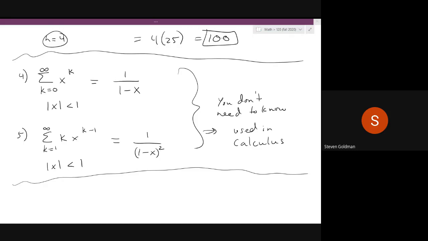Yeah, 141, 142 or 151. How many people have done 152 or 143 or are in the middle of it or going to do 152, 143? All right. Then if you have done it or you're going to do it, you'll see these summation formulas again.